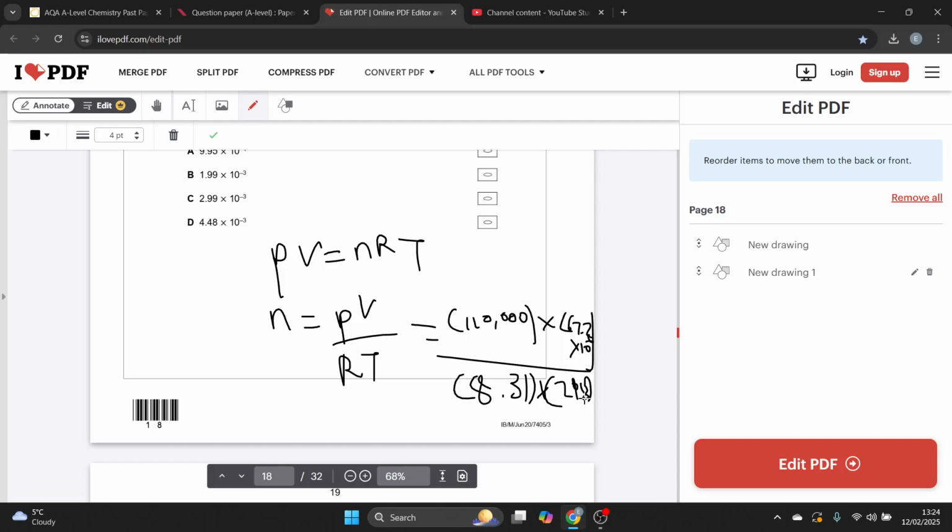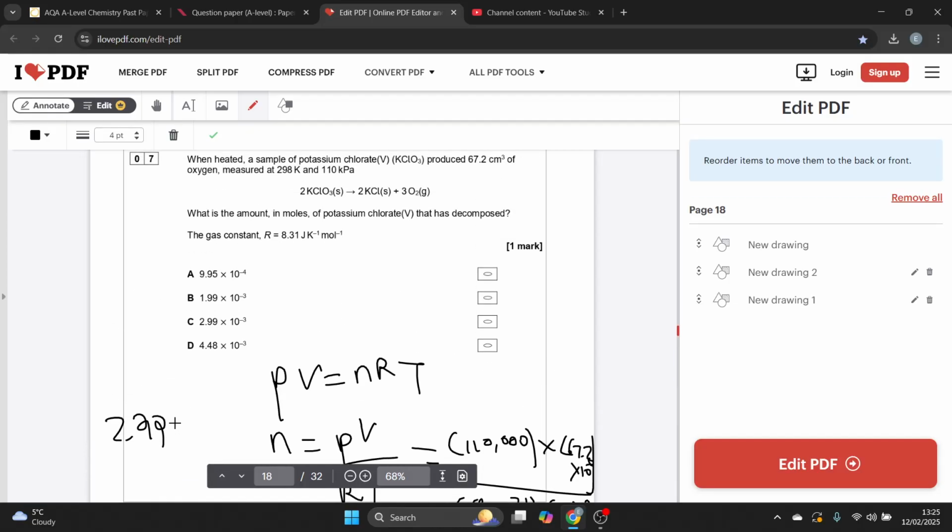So I get 110123 times 67.2 times 10 to the power minus 6, divided by 8.31 times 298 Kelvin. I get 2.99 times 10 to the power minus 3.